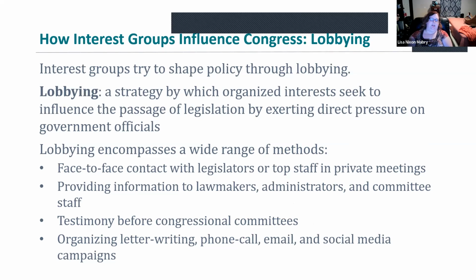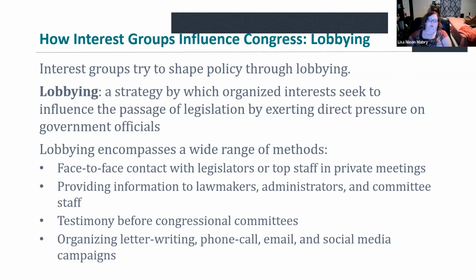So interest groups try to make their voices heard for what it is that they're organized for, what it is they care about, saving the trees, the whales, the air, whatever, right? And they try to do that by connecting to the government and the elected officials and getting them to care about the issues. So the way they do that is through something called lobbying. So lobbying is a strategy by which organized interests seek to influence the passage of legislation by exerting direct pressure on government officials.